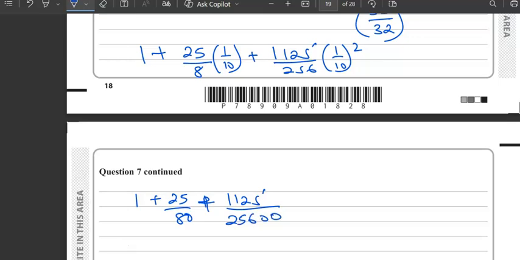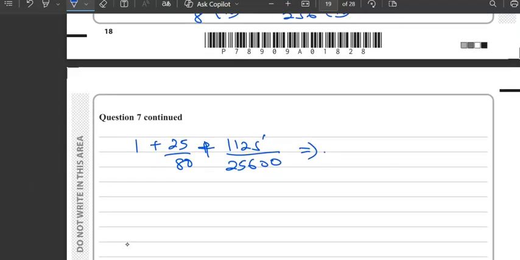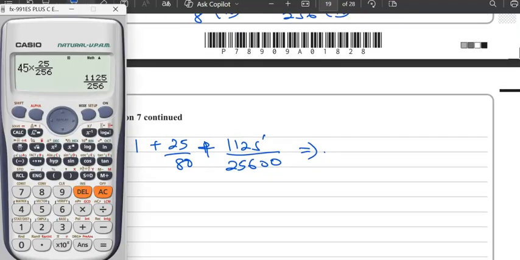So we can put this in the calculator to help us get our solution here. So we'll have 1 plus 25/80 plus 1125 over 25,600.